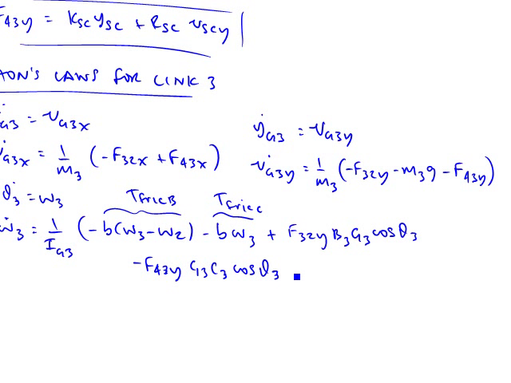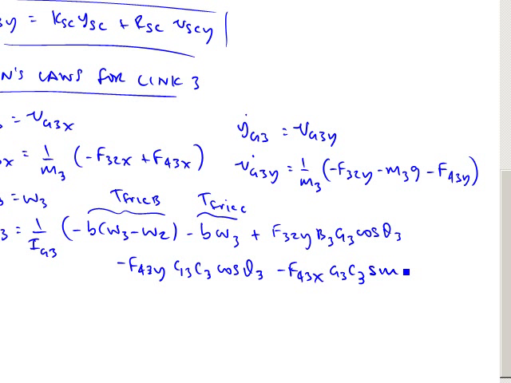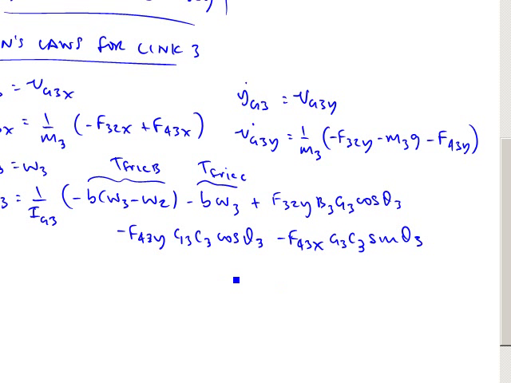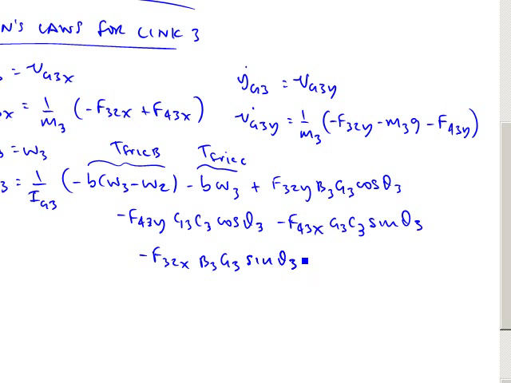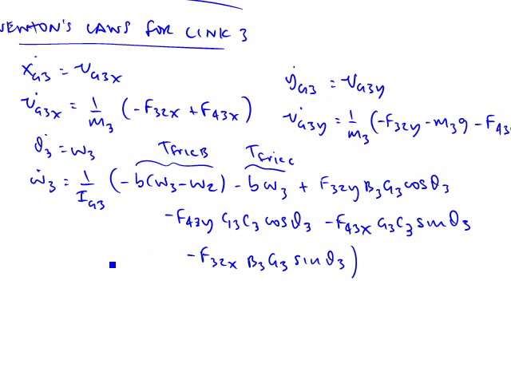My 3's aren't very good. I should get a minus F43X G3C3 sine theta 3. And then the last one I should get a minus F32X, and the moment arm for that will be B3G3 sine theta 3. And all those algebraic signs should work out in the end.